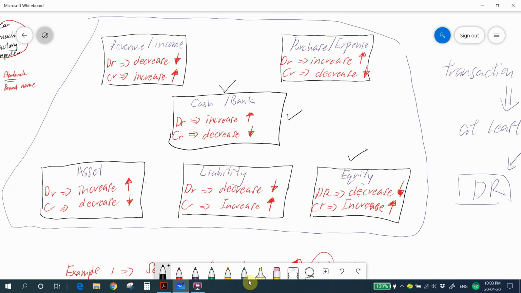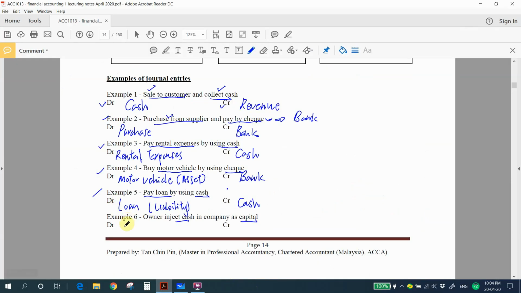The total amount belonging to the owner will become more after the owner invests the money in the company. So the double entry is we debit the cash account and credit to the capital account. We can take note that capital is your equity.